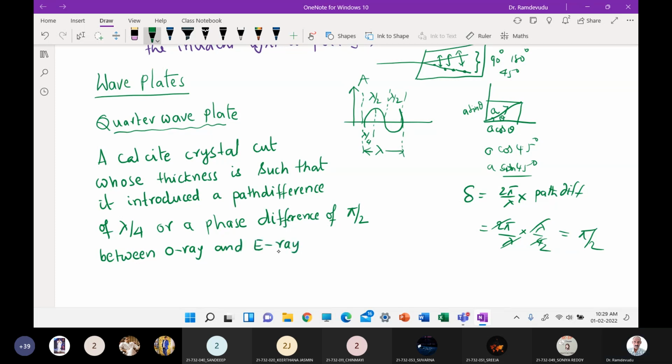This is called a quarter wave plate. So a quarter wave plate is nothing but a calcite crystal cut of the required thickness. I'll draw this quarter wave plate.